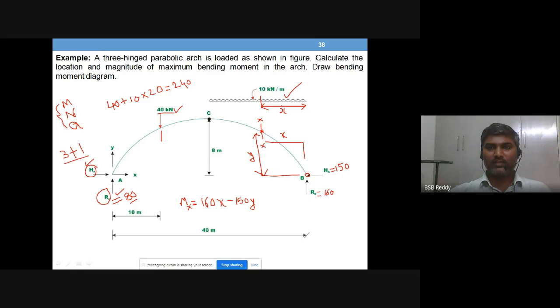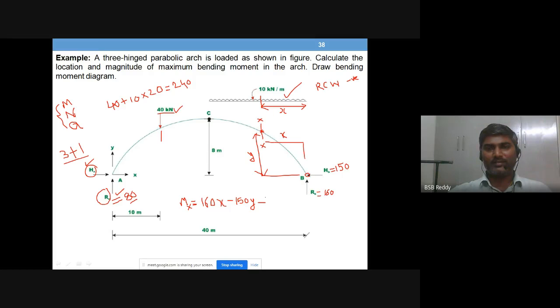So that is going to be again clockwise. So moment from 150 is also clockwise, hence we take minus. So write clockwise negative. Okay, got it. Right, anti-clockwise positive.